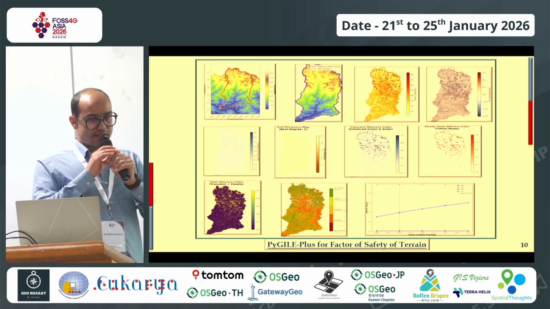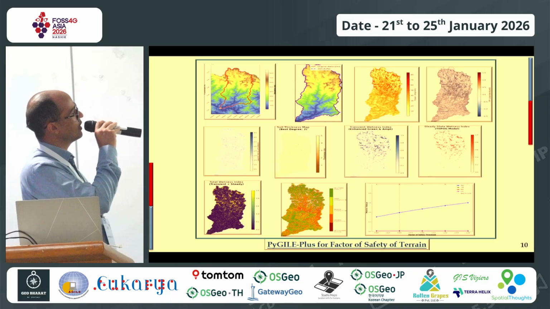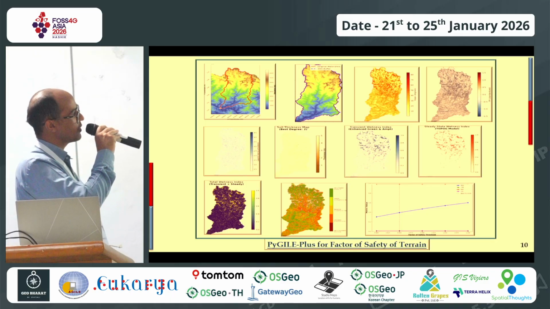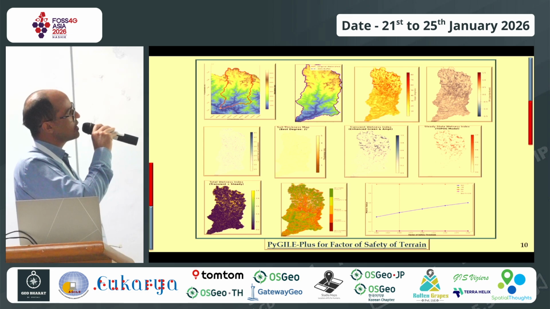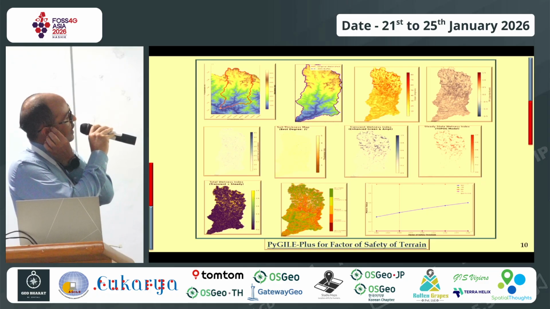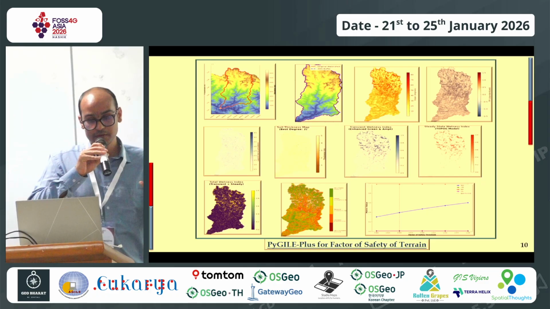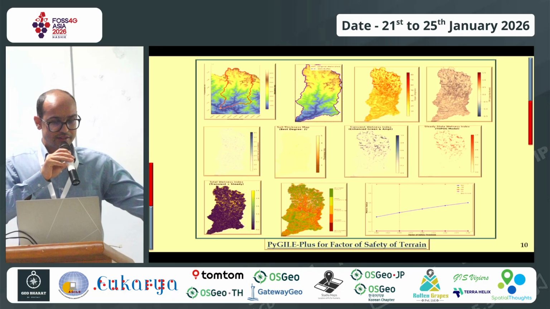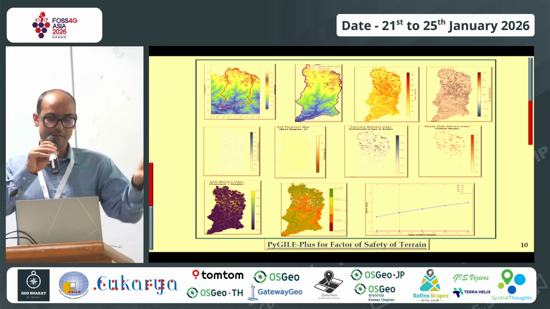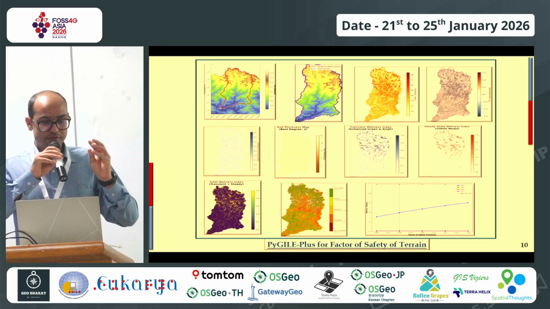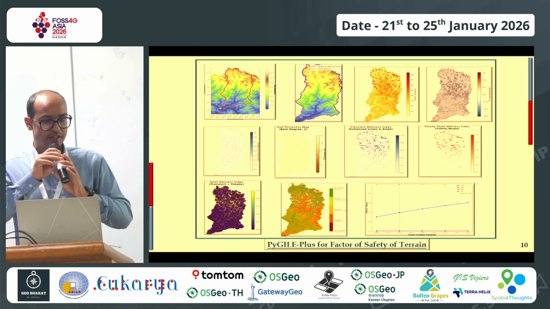I'm a geologist by profession, and mostly I work in the landslide and disaster field. So I need data, and I use GIS in such a way that I have to be able to use the packages as well as the GIS inside at the same time. So that's why PyGILE Plus is a very effective use case for me.